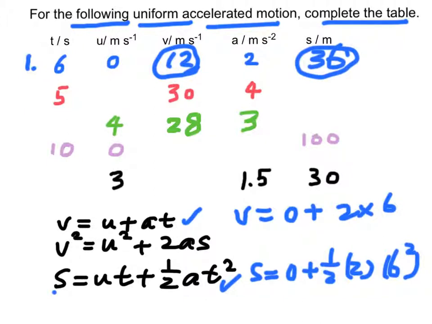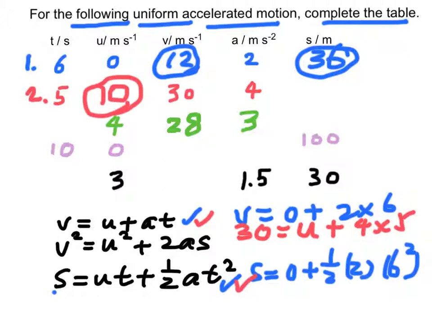For number 2, again use v equal to u plus at. We have 30 equal to u plus 4 times 5. Therefore, u equal to 10 meters per second.